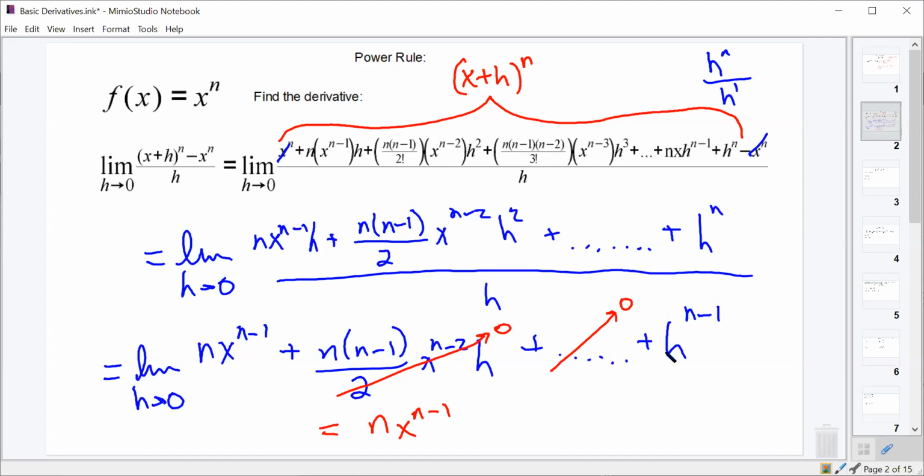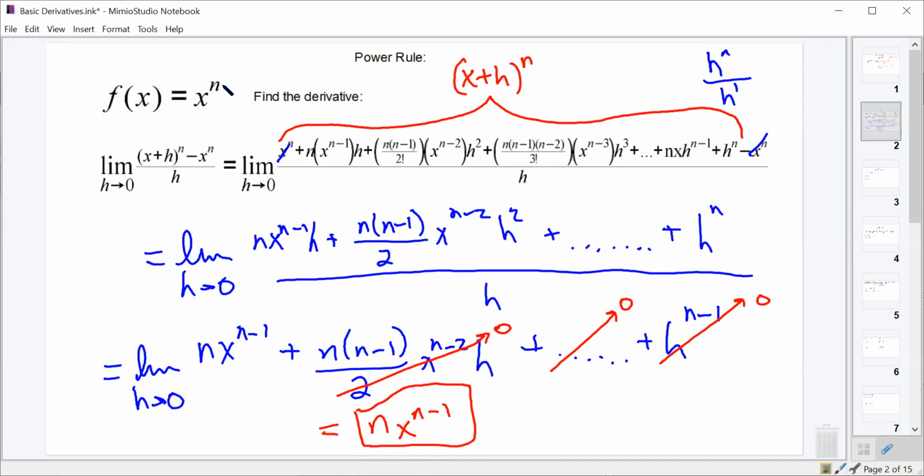And this one is 0 to a power, which is also going to be 0. So everything except for the n times x to the n minus 1 cancels out. And that is the power rule. The derivative of x to the n always equals n times x to the n minus 1.